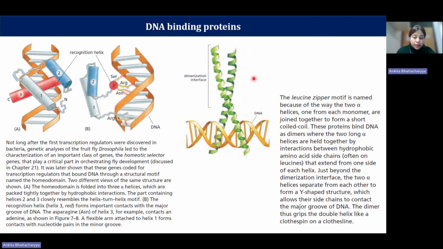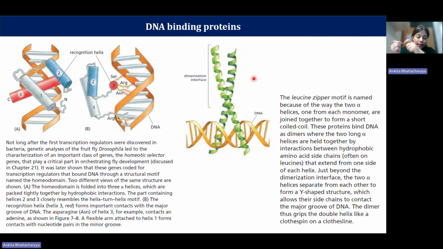And just beyond the dimerization interface, these two helices separate from each other and form this sort of pie-shaped structure, which allows the side chains to contact the major groove. So you have a set of leucines, a polyleucine sort of stretch, that is allowing these two to dimerize with each other.